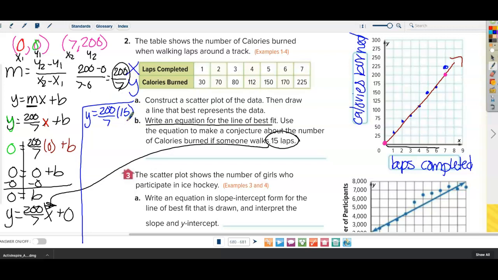So I would solve that by taking 200 over 7 and multiplying it by 15. And I typed that in my calculator and I got y equals 428 and 4 sevenths. So we could say if you walked 15 laps, you'd burn about 429 calories.